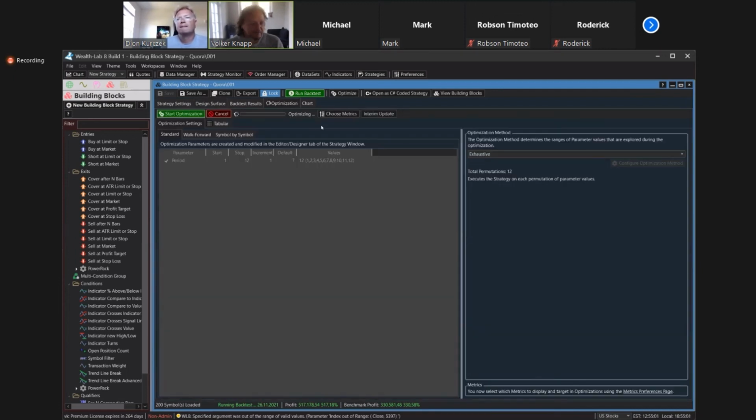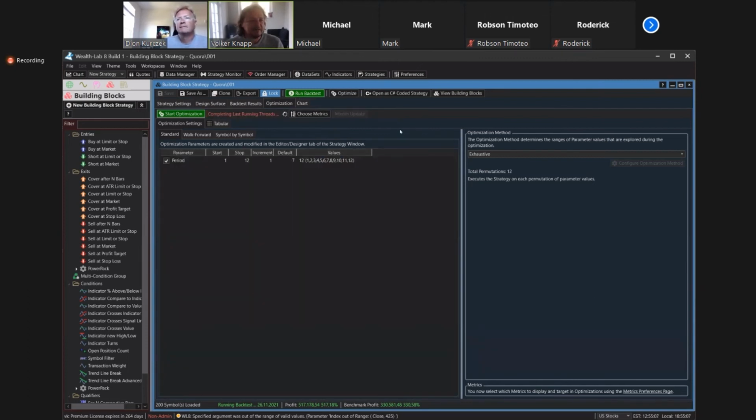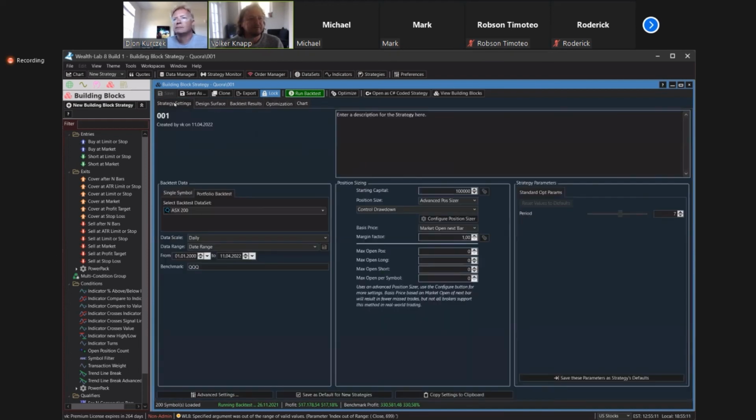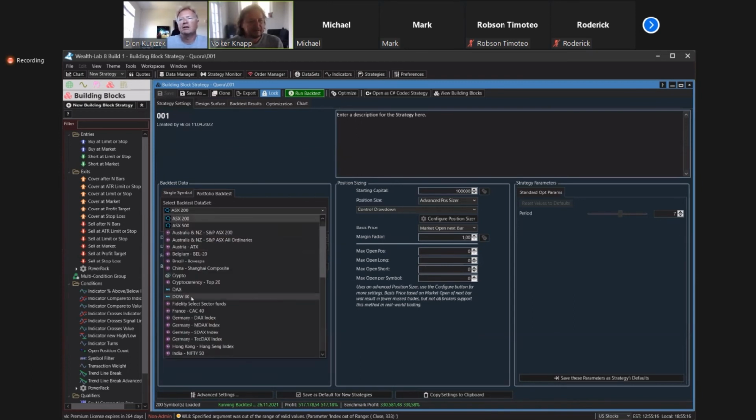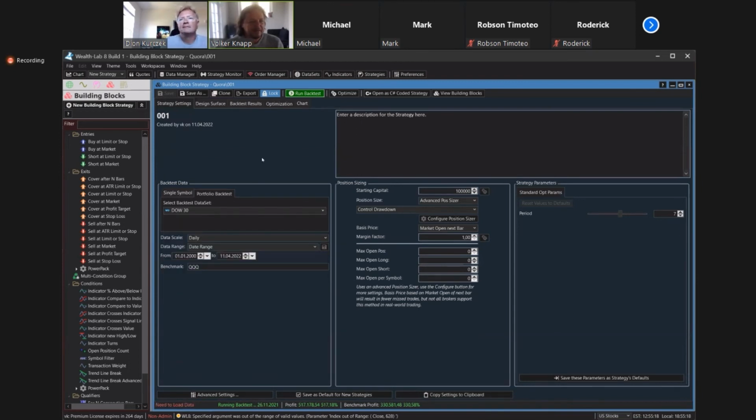Oh no, I'm running on these 200 symbols. Gosh, no. Can I cancel it? I should use something less. Oh, you're running it on the Australian. Yeah, and then I ran it on whatever.